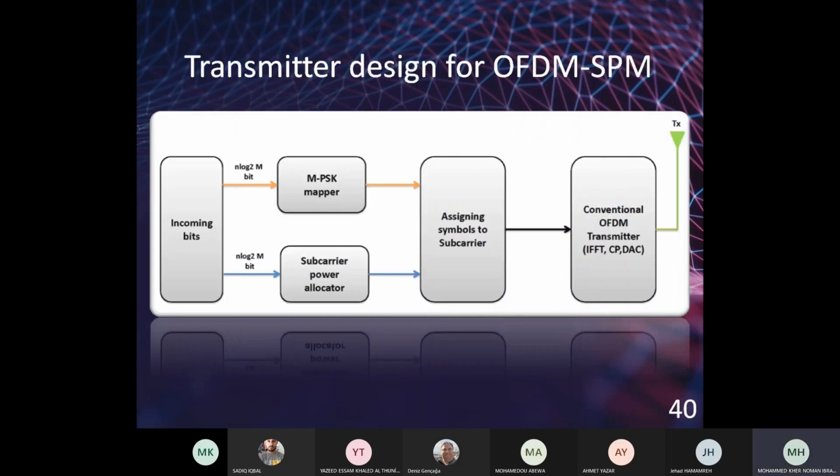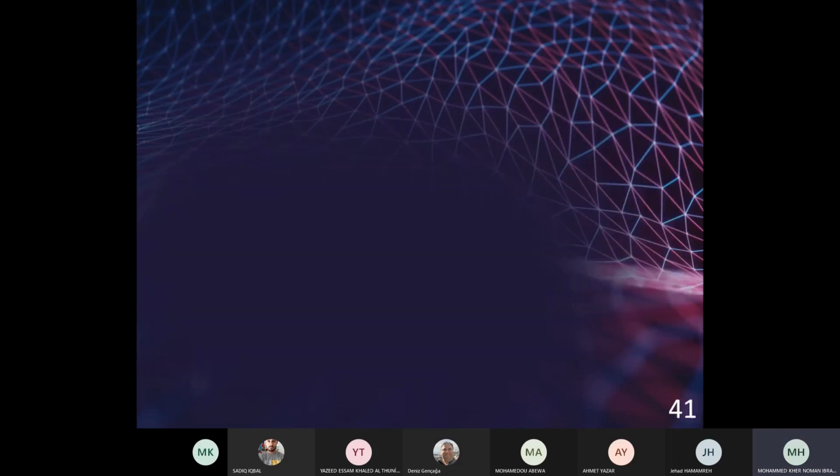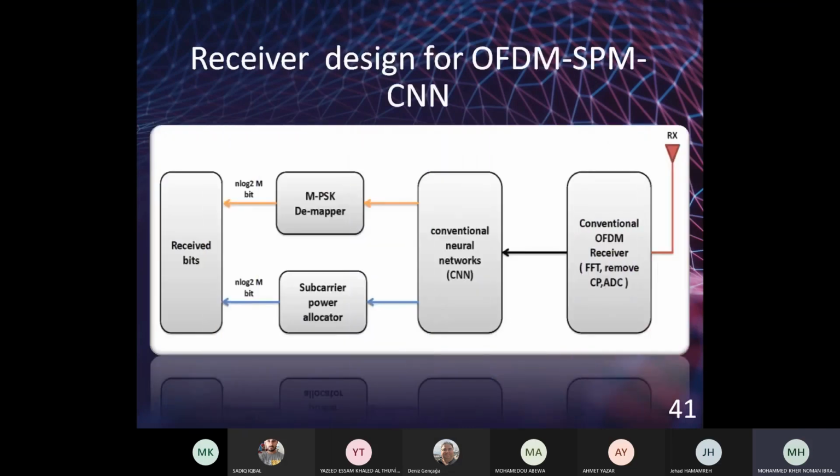So the transmitter design for OFDM will still be the same. I only make a small amendment to the receiver design. The CNN Equalizer block will be applied after the conventional OFDM processing, including the removal of CP and applying FFT.